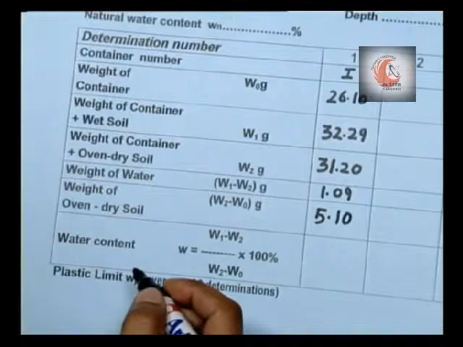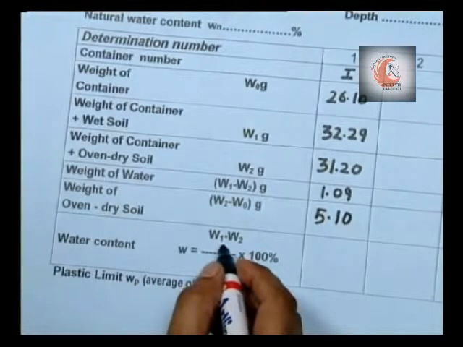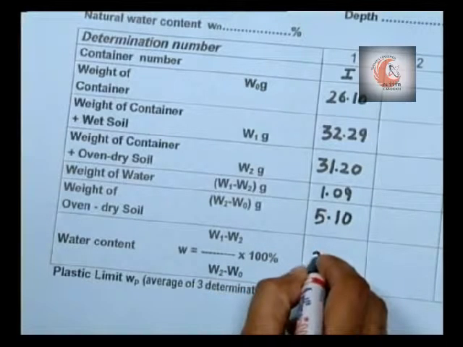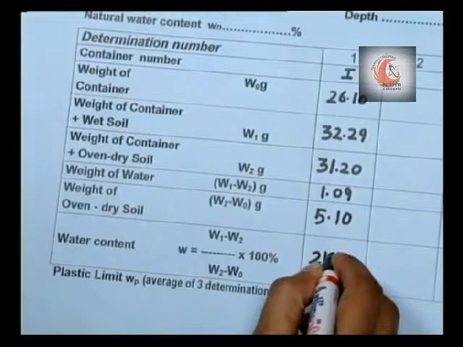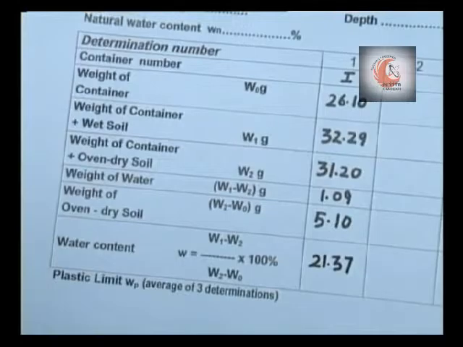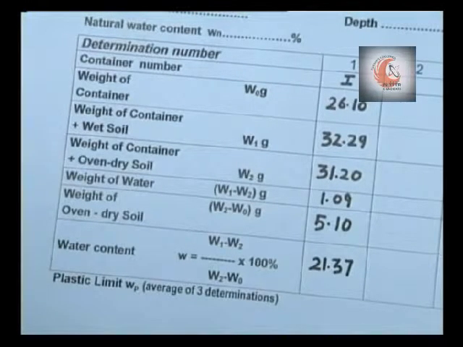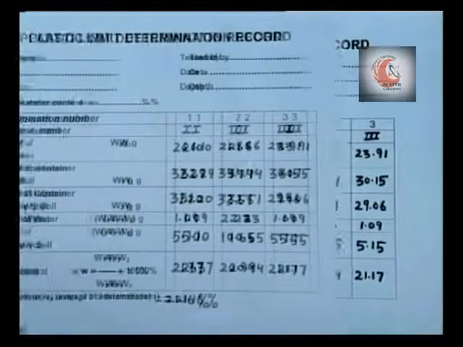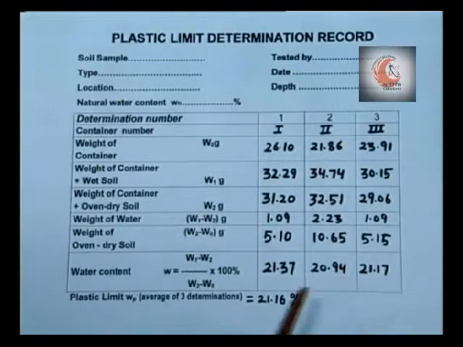Water content is equal to weight of water divided by weight of oven dry soil into 100. For this case, the water content is 21.37%. Repeat the procedure 2 more times and record the water content. The average of the determinations, that is 21.16%, is the plastic limit of the soil.